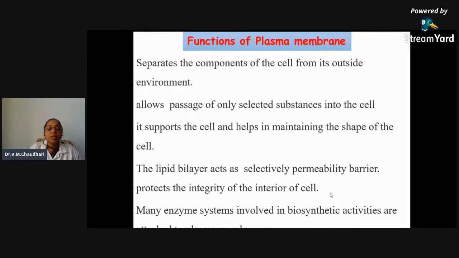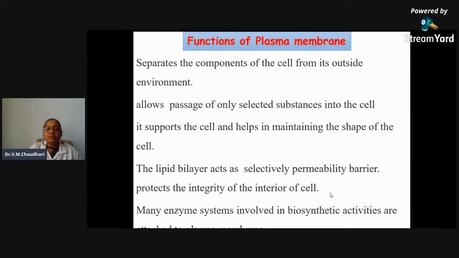Then many enzyme systems are involved in the biosynthetic activities. These are attached to the plasma membrane. Now a bacterial cell has no mitochondria, as you know. Mitochondria is present in eukaryotic cells. In mitochondria most of the enzymes are present, but in cells where mitochondria is absent, most of the biosynthetic activities take place in the plasma membrane.